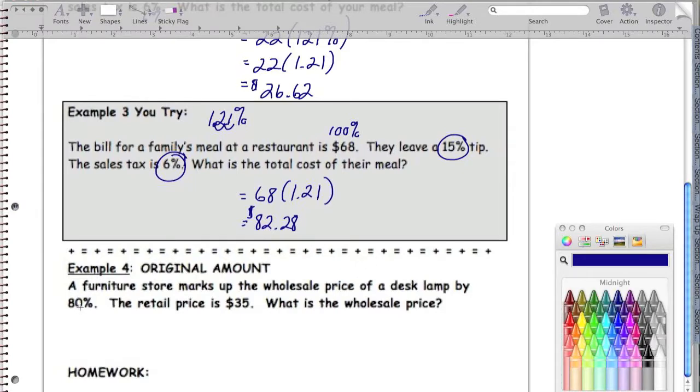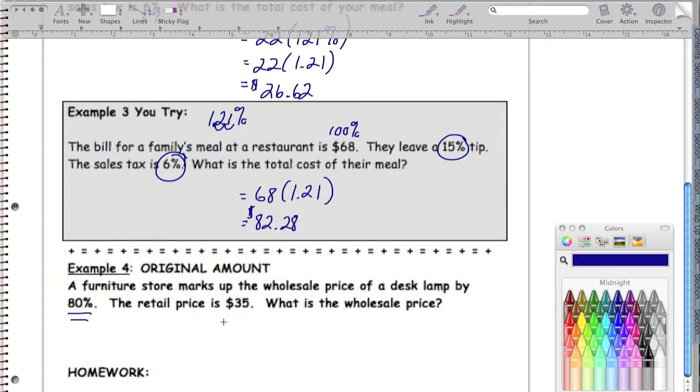So you just got a new desk for Christmas and you're going to buy this really cool desk lamp they have at Target. And the furniture store, well, Target, marks up the original price, whatever they paid for it, by 80%. Okay, 80% of the original amount is going to be added to it. The retail price, so what the price tag says for you, is $35. What is the wholesale price? What did they pay for it?